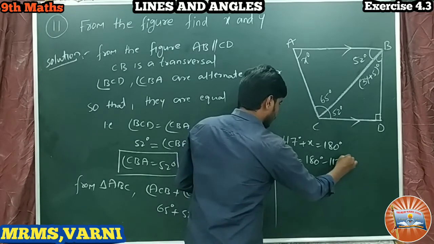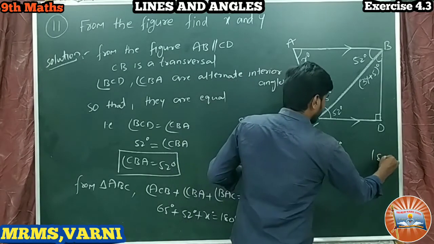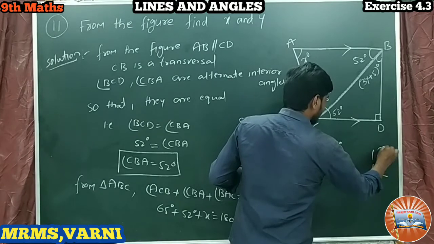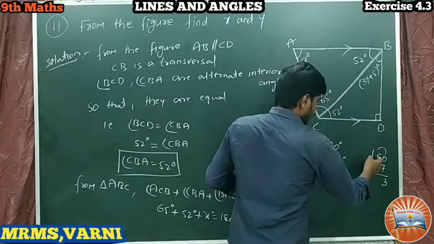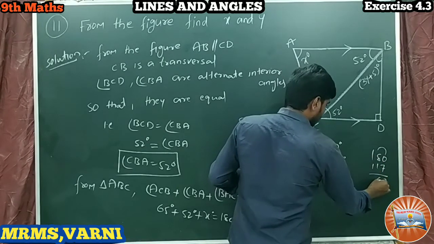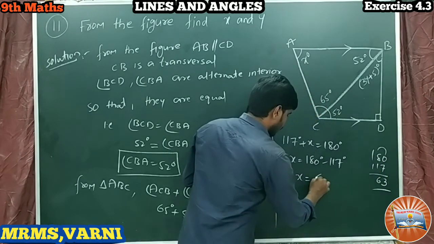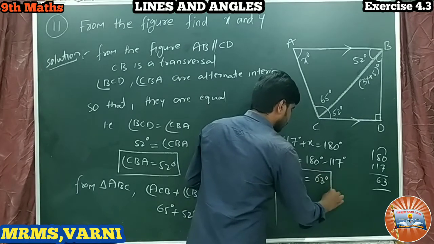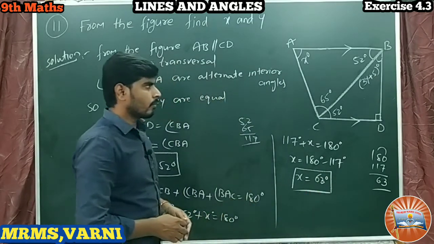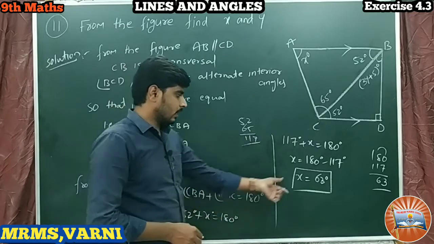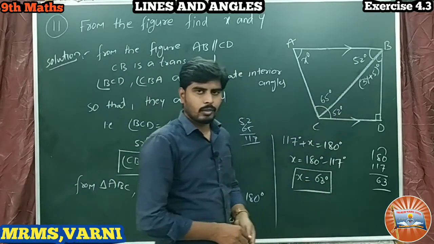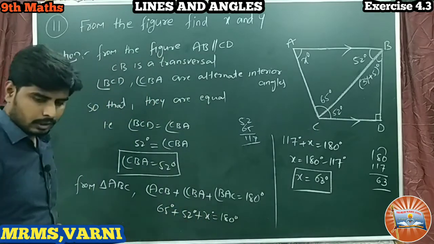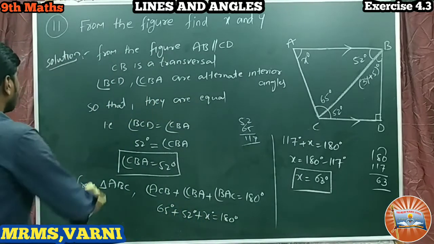So x is equal to 180 degrees minus 117, 10 minus 7, 3. 7 remaining here, 7 minus 1, 6, yeah, 63 degrees. X value we got 63 degrees. Is it clear? We got x is equal to 63 degrees. So we have to find now y value. Okay, is it clear? Right. I hope you understand.